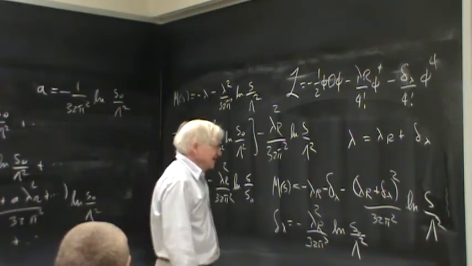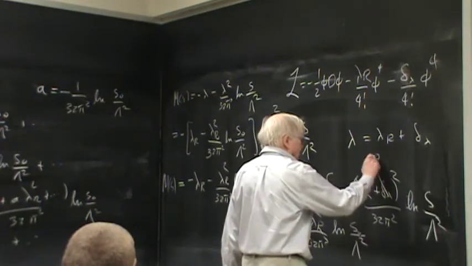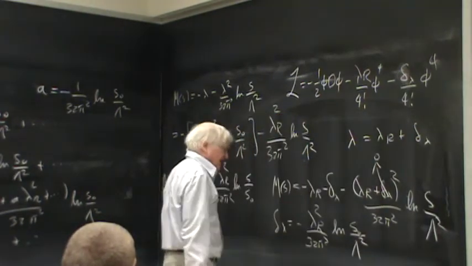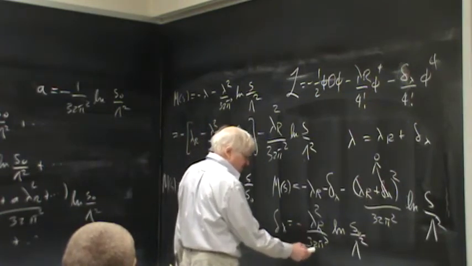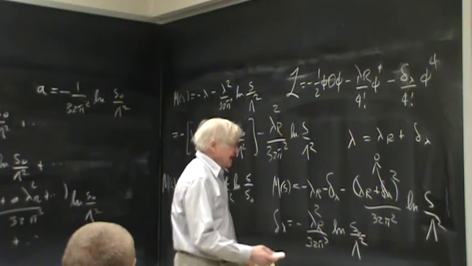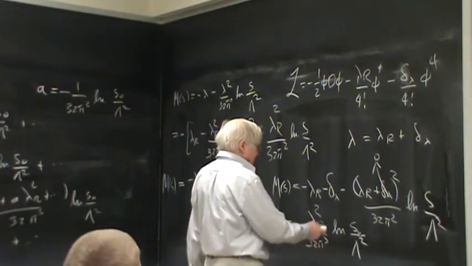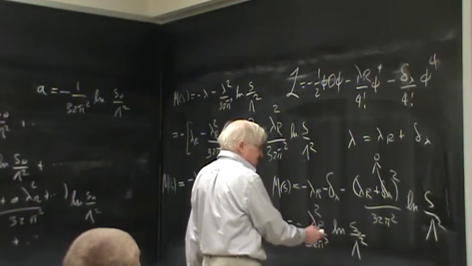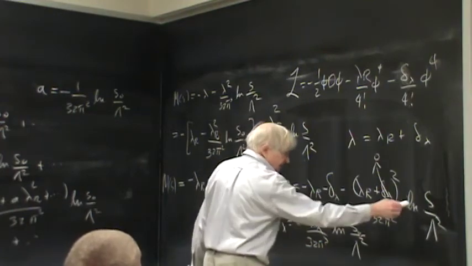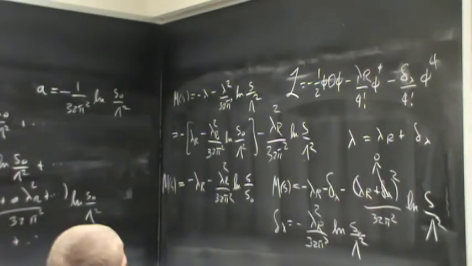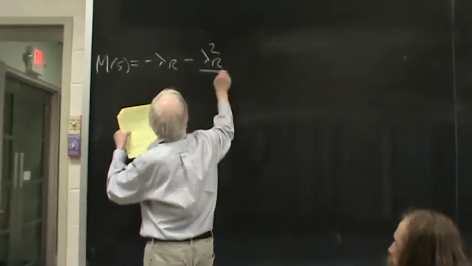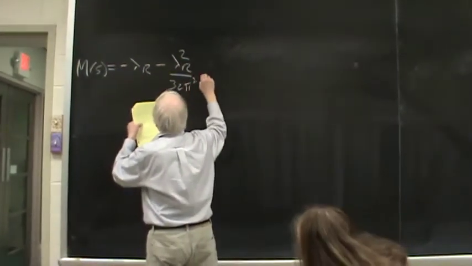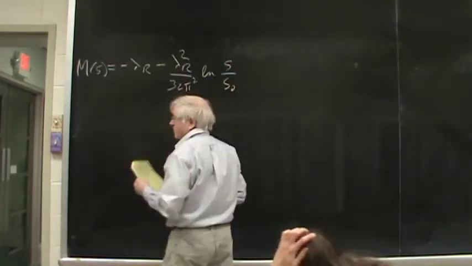All right. Anyway, if we do ignore this here as being higher order in lambda, and in fact we set delta lambda equal to minus lambda r squared times that, then this term is going to combine with that term, and we're going to have the same result as what we had before, which is minus lambda r squared over 32 pi squared log s over s0.